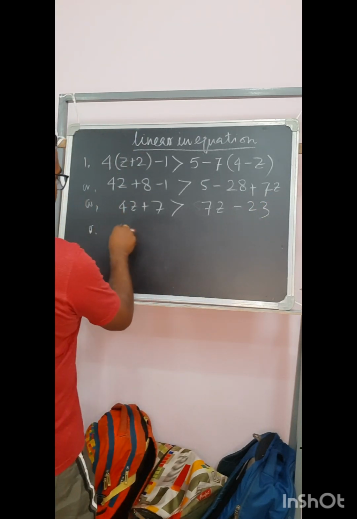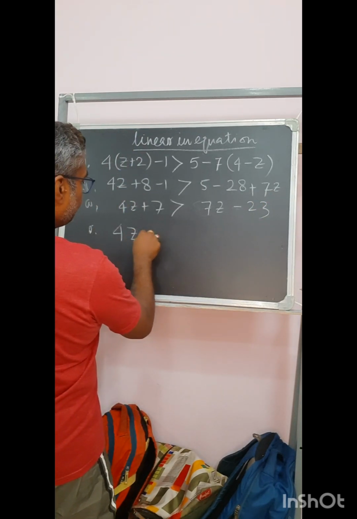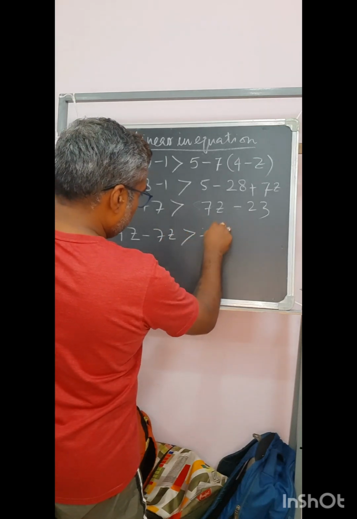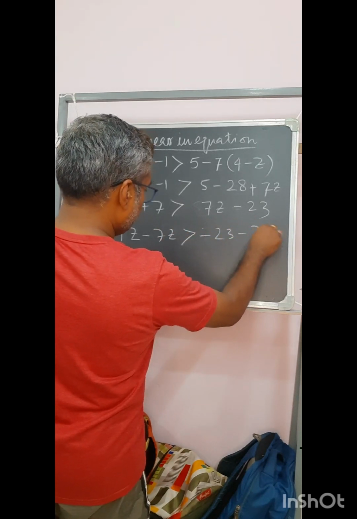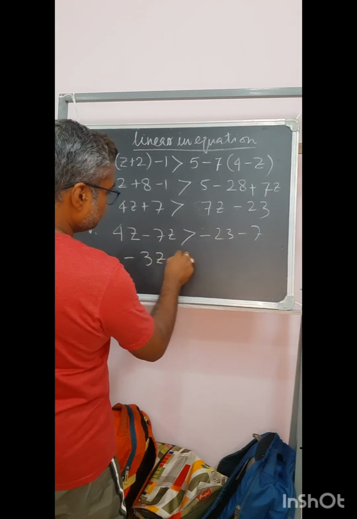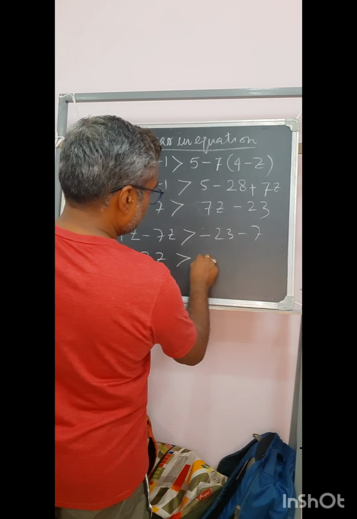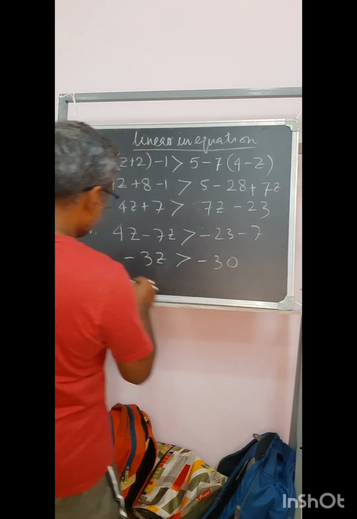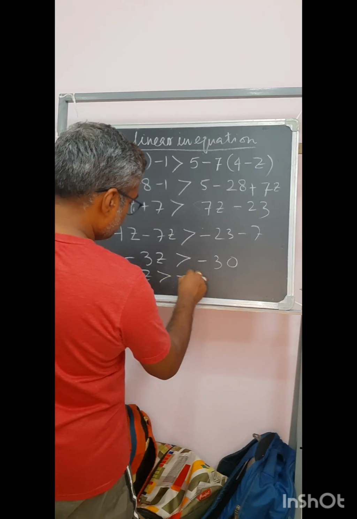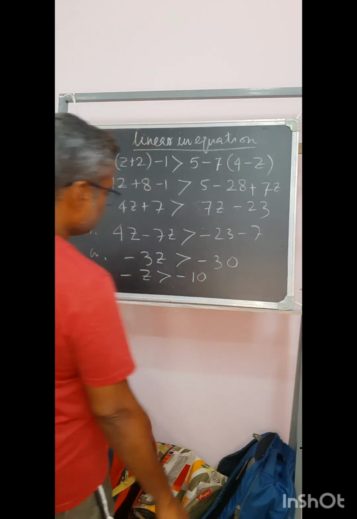Now I will bring 7z this side, it will be like that, or minus 3z greater than minus 30. Now I can say minus z greater than minus 10. Up to this is okay.